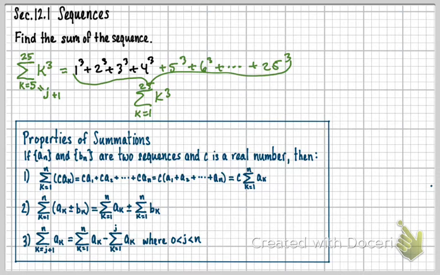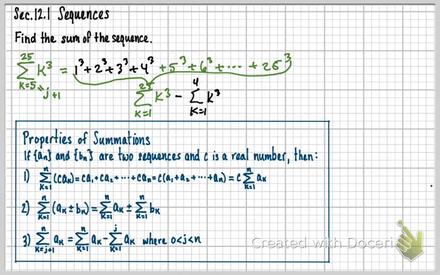And then what I would do here is now I have this minus here. So I would subtract the series k equals 1 to 4 of k cubed. And that's going to be this piece here.